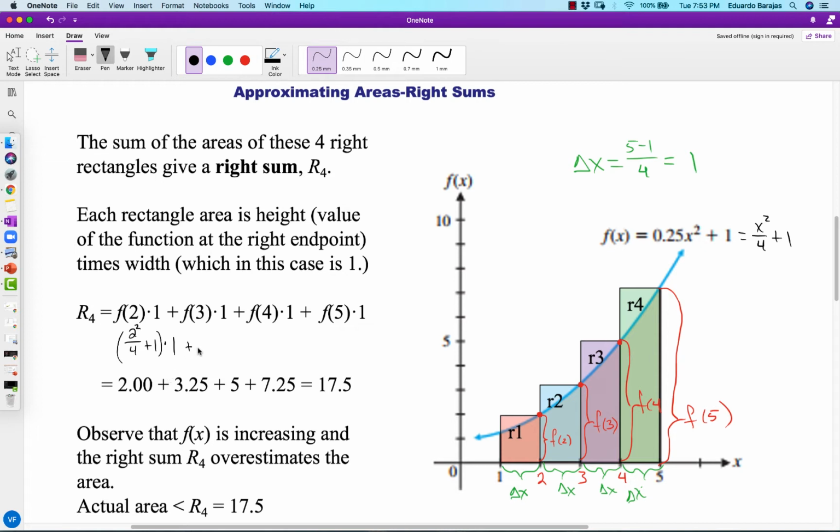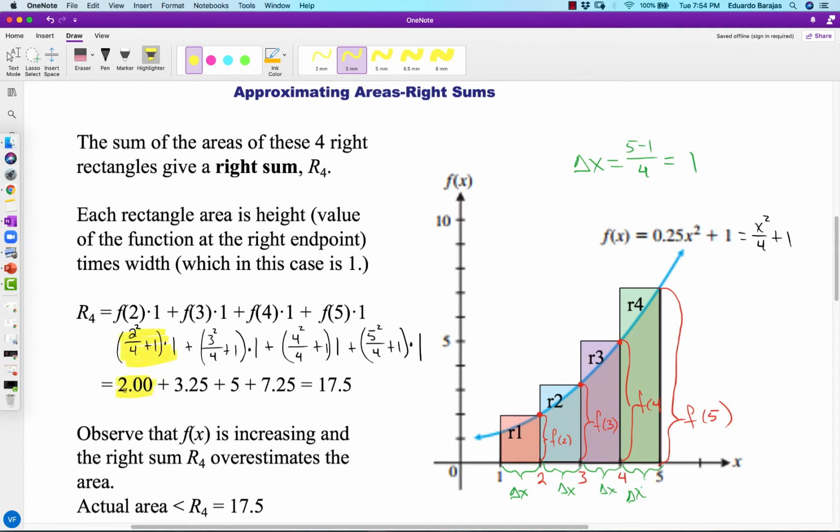And then the next rectangle will be equal to 3 squared divided by 4 plus 1, which gives me the height of the rectangle, times the base, which is equal to 1, plus 4 squared divided by 4 plus 1 times 1, plus 5 squared divided by 4 plus 1 times 1. Okay, so 2 squared, that's 4, divided by 4 is 1, plus 1 is 2, times 1 is 2.